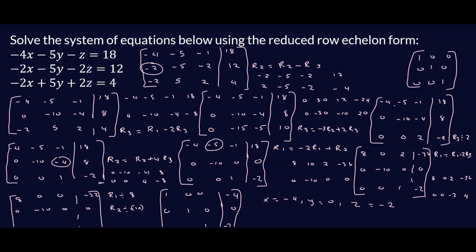So when I'm doing the elimination, I'm showing you exactly what is happening, so it's easy for me to spot any errors if there are any. So these are just some best practices that I will suggest and recommend that you use whenever you are working on problems that require the reduced row echelon form.